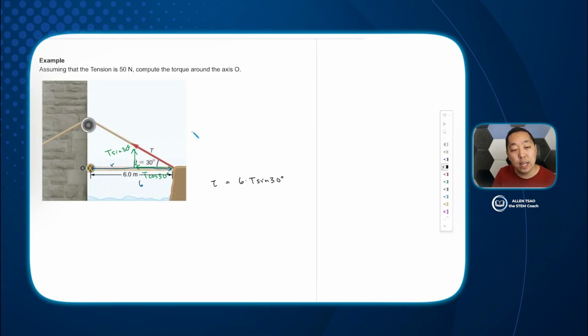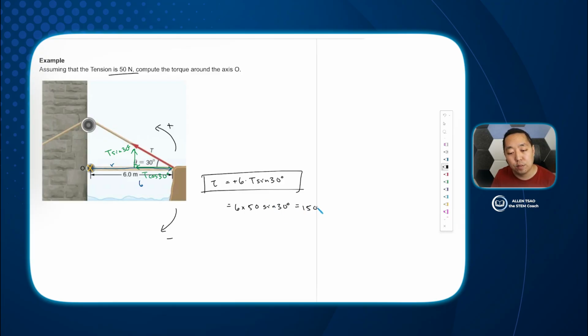Now, is it positive or negative? Depends on our direction. Let's say this direction is positive and clockwise is negative again. If I were to lift up on the bridge, it would cause it to rotate counterclockwise. So that makes it a positive torque by my definition. And so this would be 6 times 50, because they told you the tension is 50, times sine of 30 degrees. Sine of 30 degrees is 1/2, so this is going to be 150.